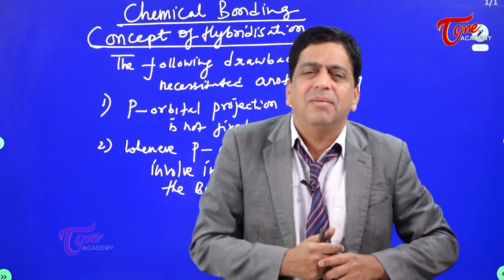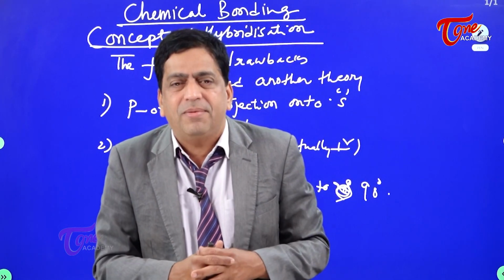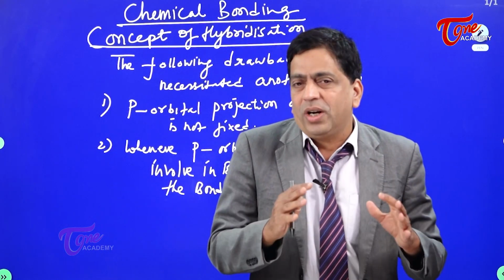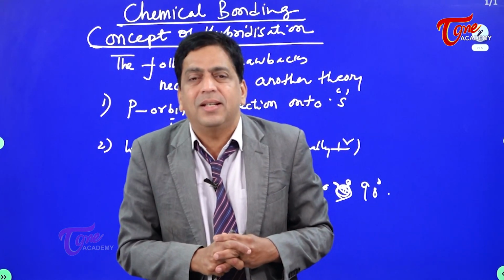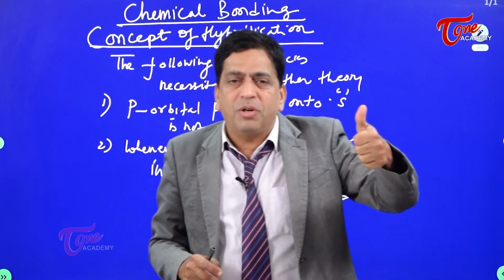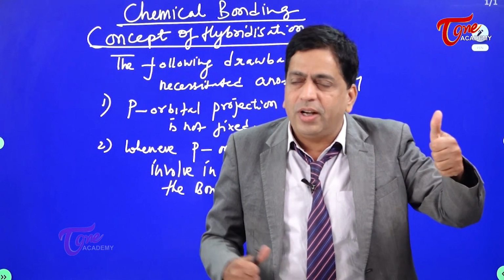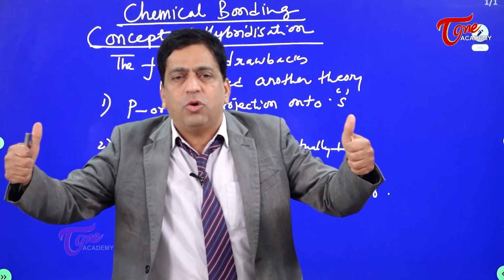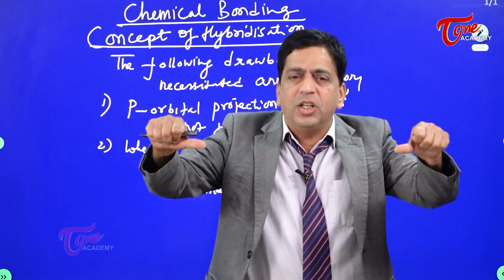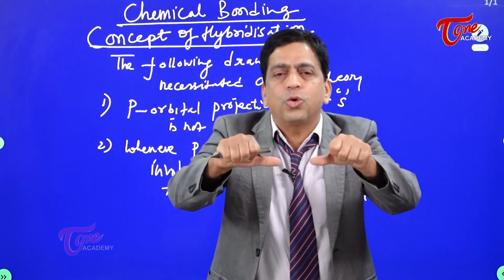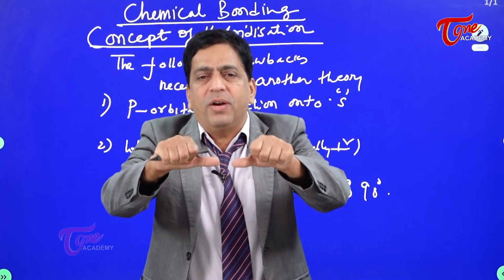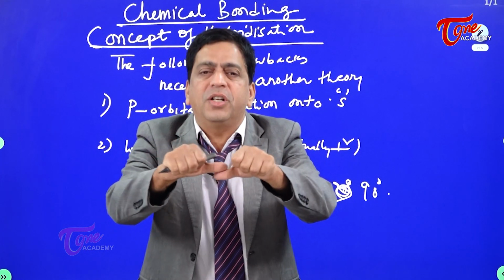What is hard to believe here is, imagine that one orbital has an unpaired electron, the other has an unpaired electron. They are approaching each other, very close to one another, and they participated in bonding.